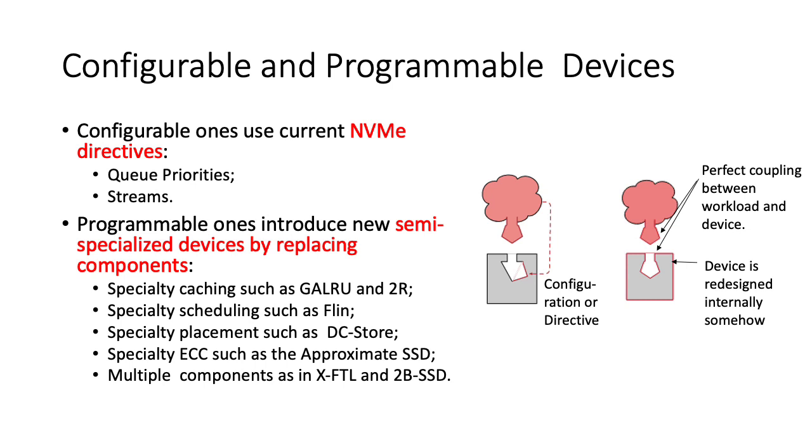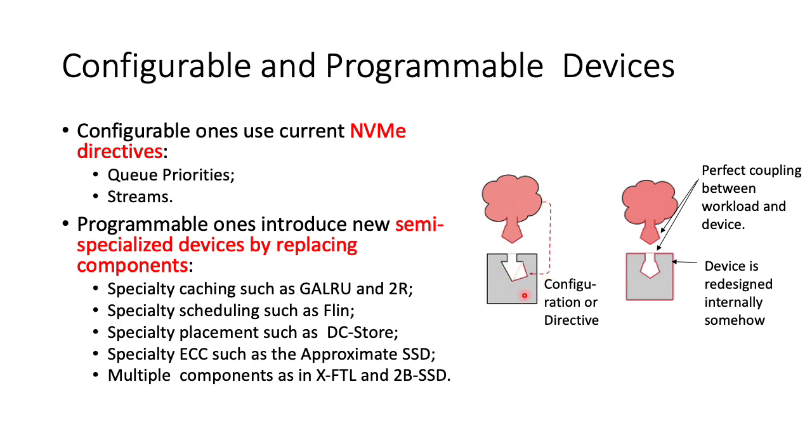So now we talk about one step further in terms of adaptability, which are devices that could be configured. We discussed that NVMe has, for instance, queue priorities and directives, and those configuration knobs can change the behavior of the device a little bit and make it fit slightly better to an application.